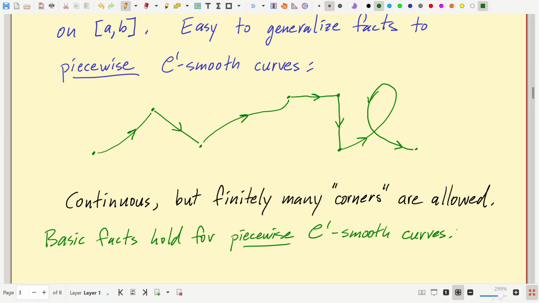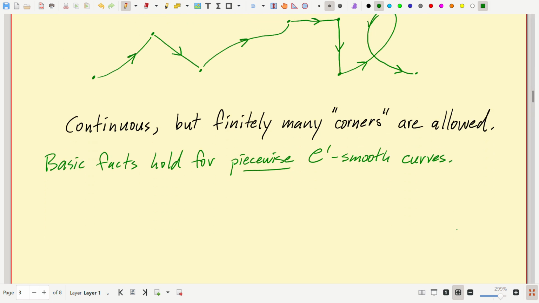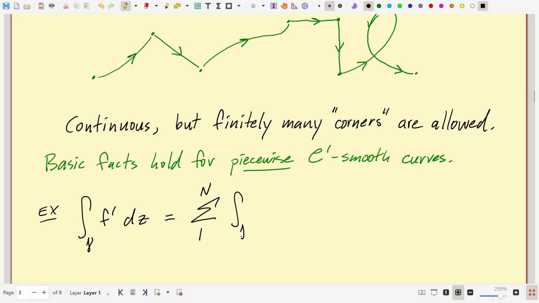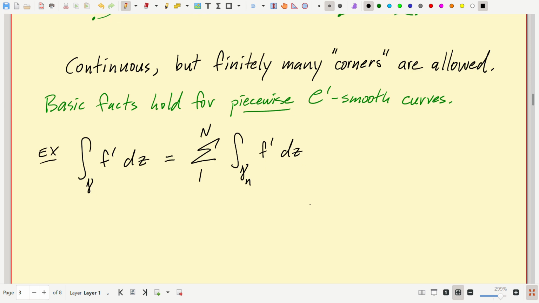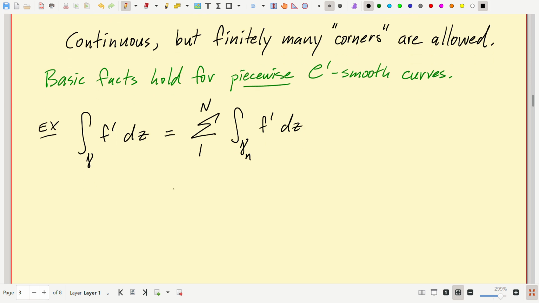Okay, and let's see, so why is that? Here's an example of one of them. Let's integrate along a piecewise C1 curve of f prime dz. Then I would split that into segments. When I do that, I'd get finitely many segments, and I'd integrate along those segments, gamma sub n of f prime dz. And each one of those segments would have a starting point and an ending point. When I do it, I use the fundamental theorem on the first one.